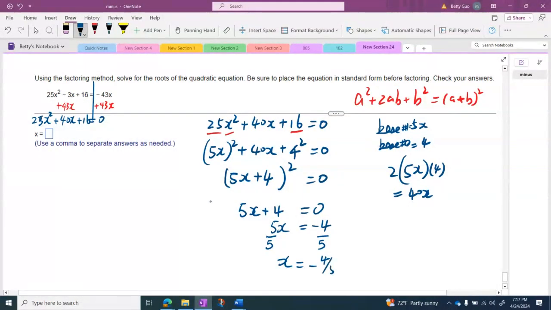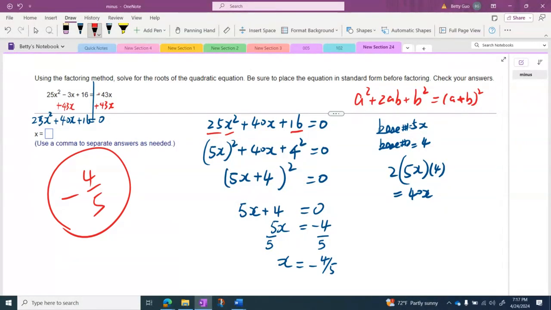X equals negative 4/5. There's only one solution, by the way. Let me double check this question. 25x squared plus 40x plus 16 is 5x plus 4 to the power 2.